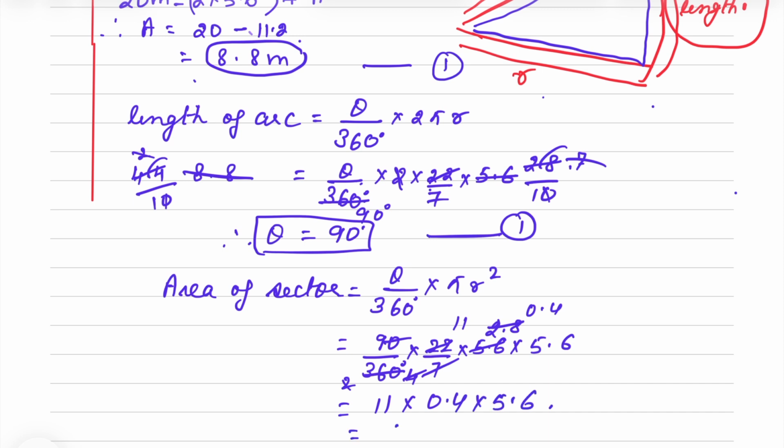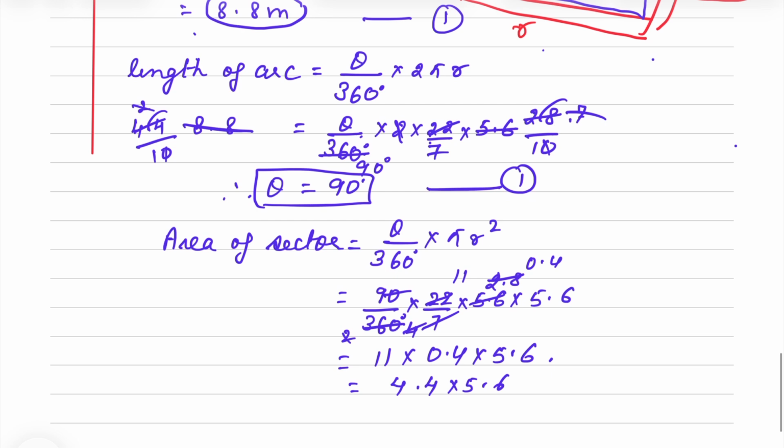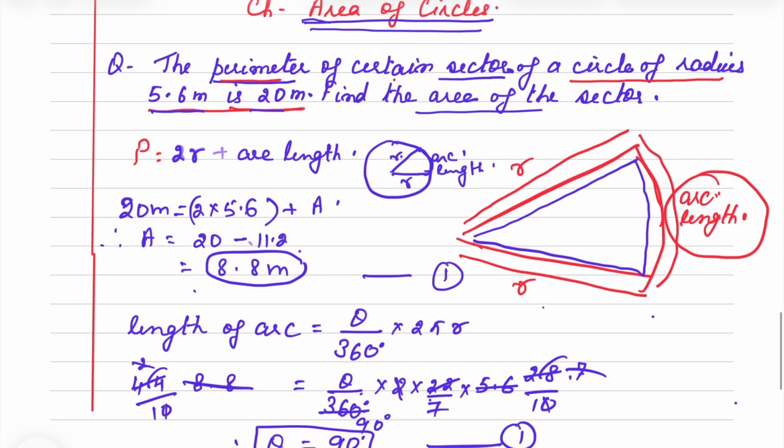We multiply it, 4.4 into 5.6. Again when you are multiplying with decimals, see the decimal, so it is 24.64 meters square. Write the unit in a rectangular box. The answer must be in a rectangular box. So be careful where you can make an error, that is perimeter equals 2r plus arc length.